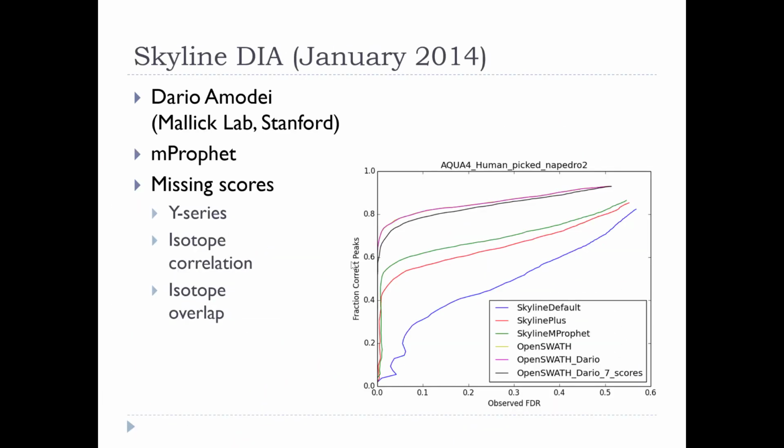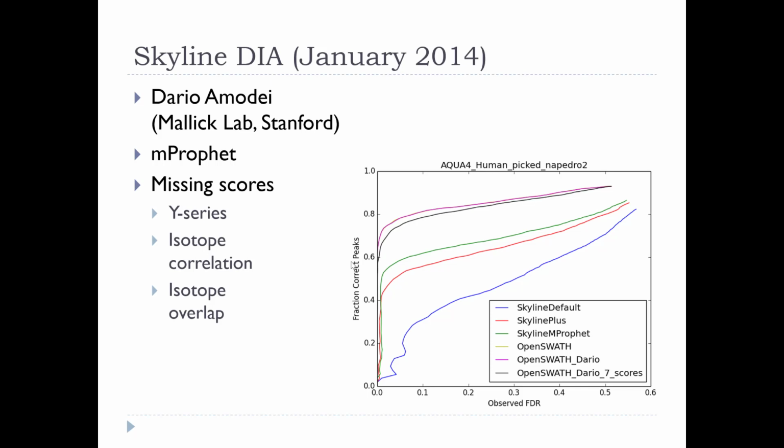Okay, so here's another case where we had just implemented mProphet. Dario Amodei did it from the Malik lab at Stanford, and we implemented basically what Hannes Rost from the Aebersold lab had implemented as OpenSwath.